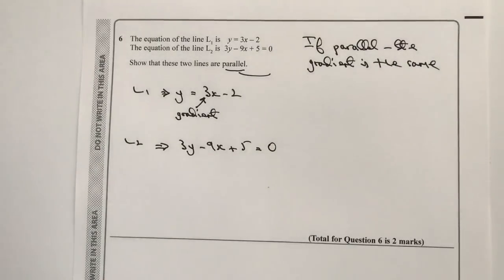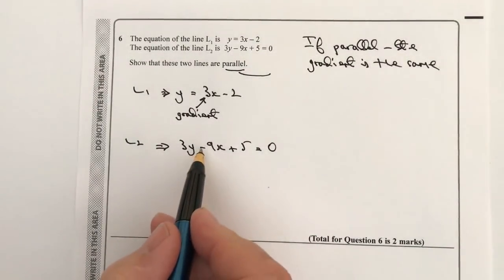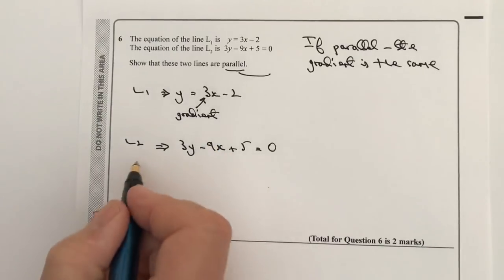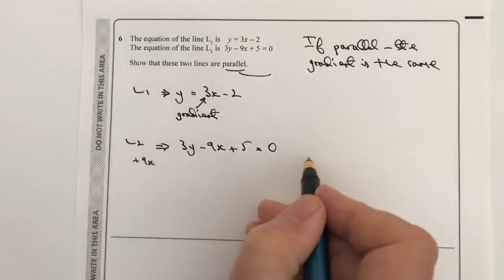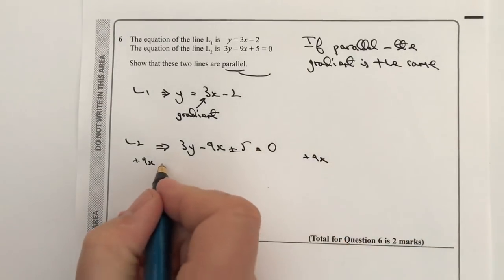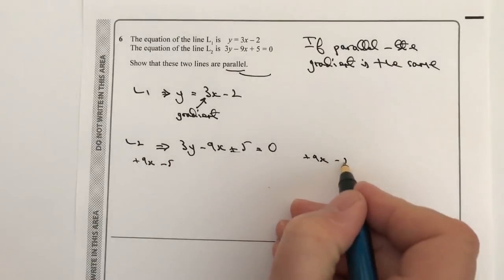Now I'm just going to skip a couple of steps here, because with rearranging these sorts of formulas you need to appreciate what we're doing. In this case we've got minus 9x, so I'm going to add 9x to both sides, and with this plus 5 I'm going to minus 5 from both sides.